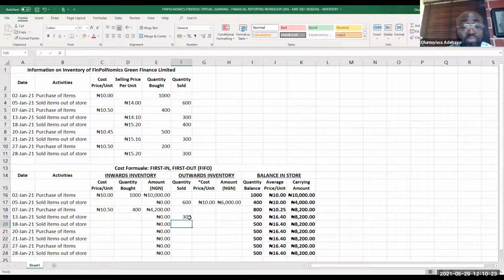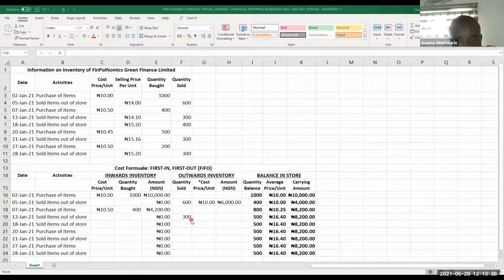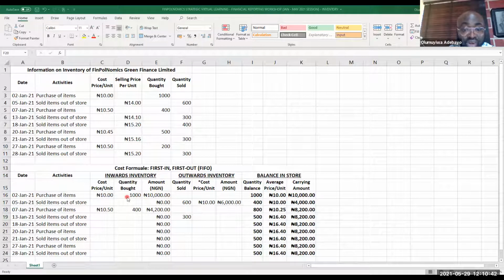The question is, at what price are we issuing out? Remember that as at the time we are issuing out, we have 800 items left before we issue 300, but this 800 can be broken down into 400 that was left after the 600, and another 400 that came in at 10.50.